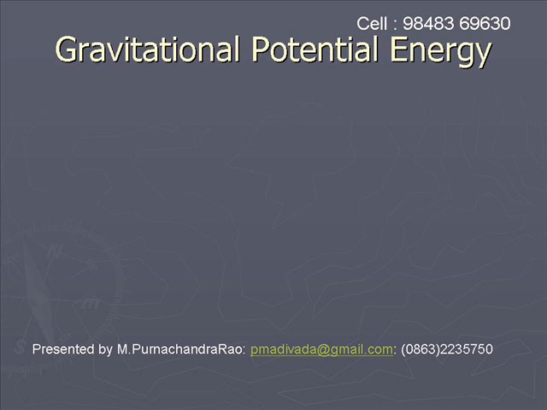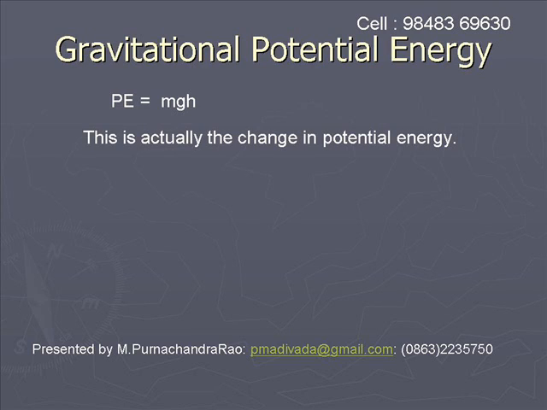Gravitational potential energy. Just now we have derived the relation for potential energy, which is P is equal to mgh. Potential energy is actually the change in potential energy. That means if a body is moved up to a height h, then the change in potential energy is mgh.